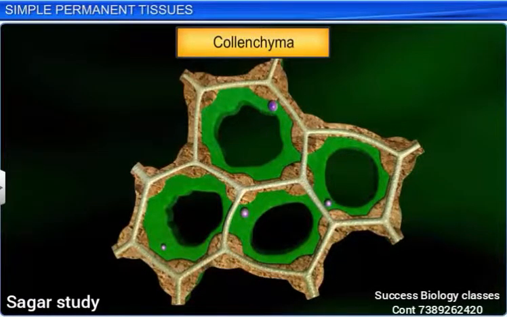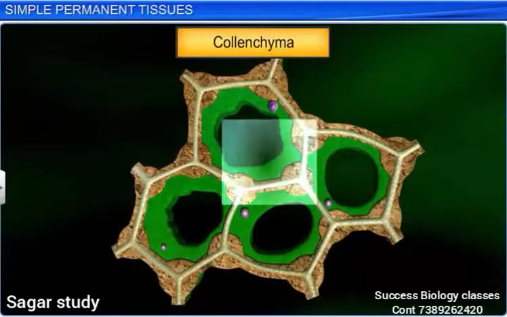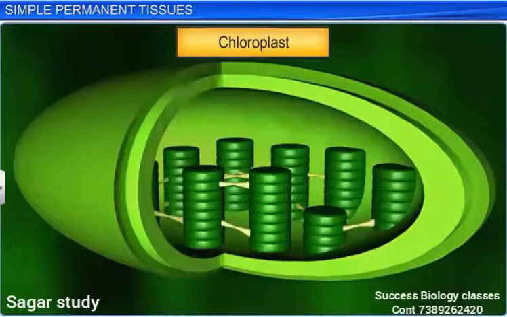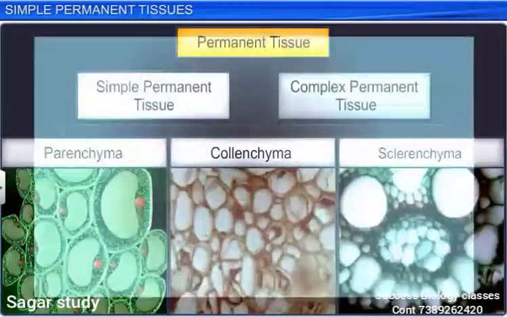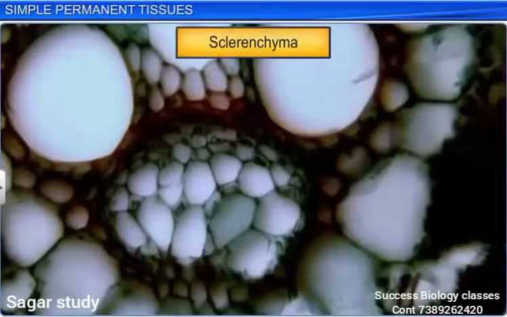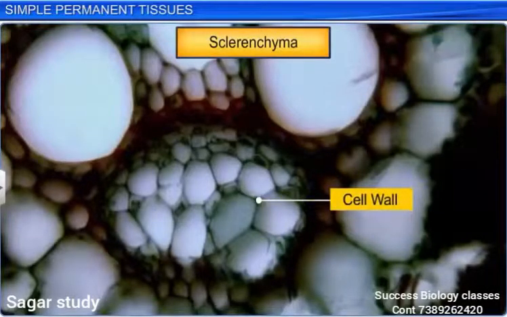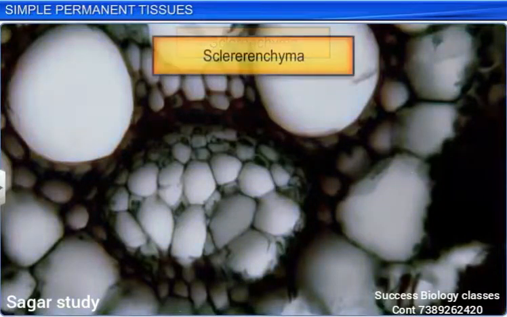These cells often contain chloroplasts and assimilate food by the photosynthetic processes. The third type of simple permanent tissue is sclerenchyma, which consists of long, narrow cells with thick lignified cell walls. In fact, the term sclerenchyma has been derived from the Greek word skleros, which means hard.